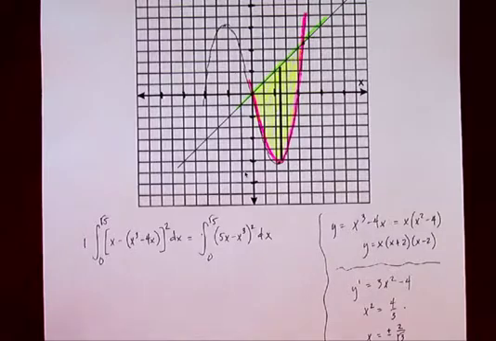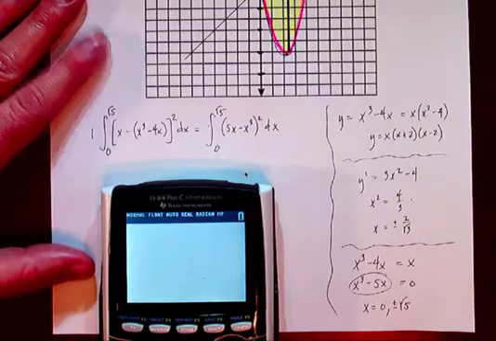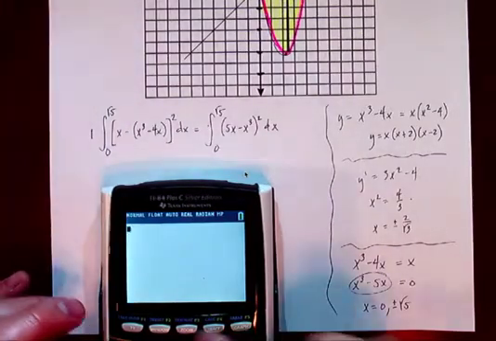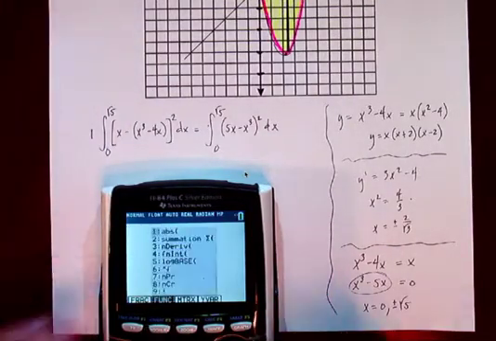The idea of foiling that is not really that big of a deal, but the prospect of plugging root 5 into several of those does not make me exceedingly happy. So what we're going to do is we're going to go ahead and do it by means of our calculator, okay? And so we're going to get our integral.